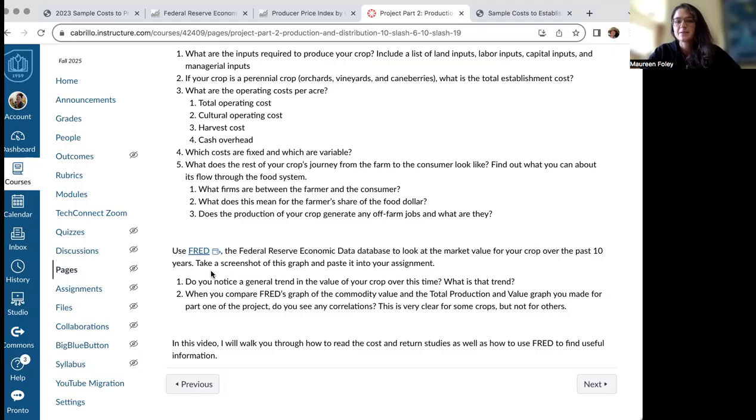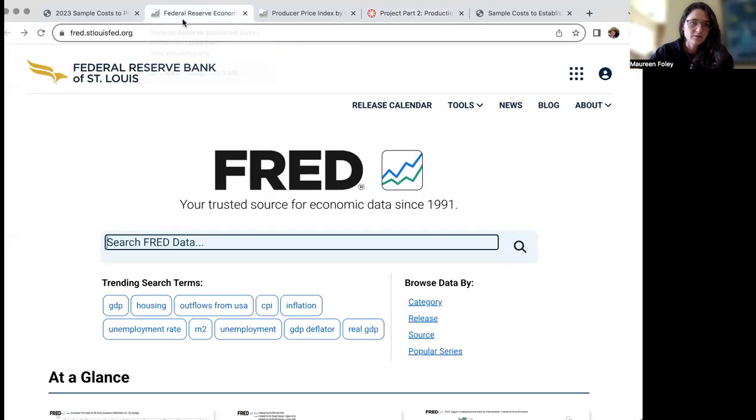And this is a database that takes all kinds of economic data from all different sectors, not just the agricultural sector, but from all over, and gives you a way to analyze it. So if you click on this link, FRED, it will take you to this page. This is the home page. And you're going to use the search function to find information about your commodity.